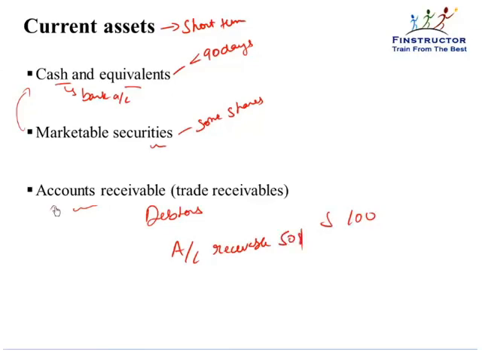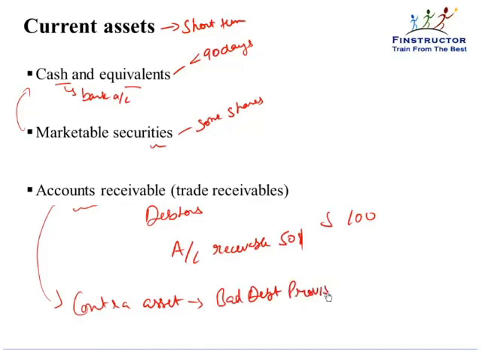This asset account sometimes also has a contra asset entry called provisions for bad debt. The provision for bad debt, let's say in this example, was $10. Then what we are saying is that this $50 of receivable is not likely to all come through.